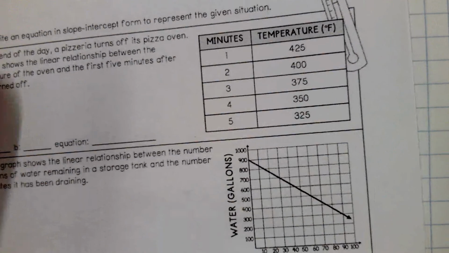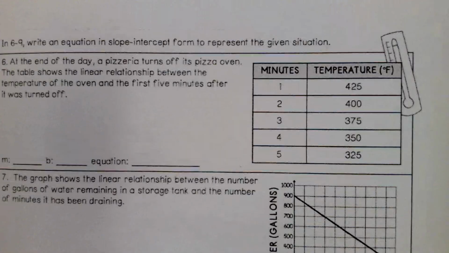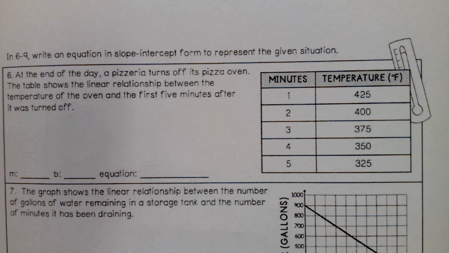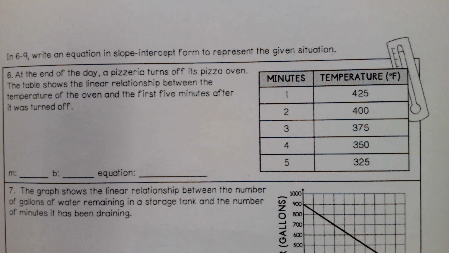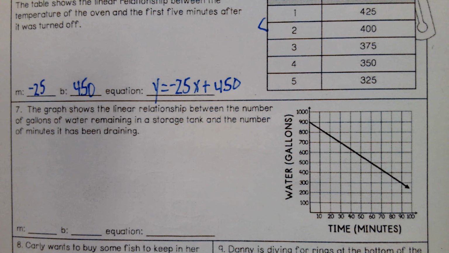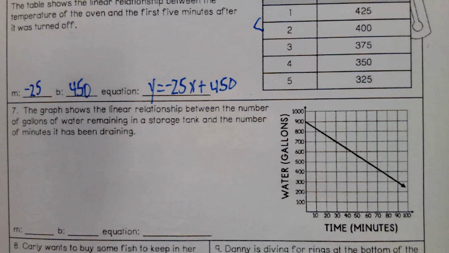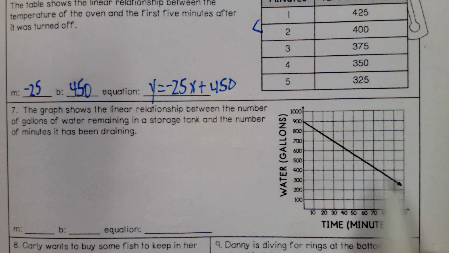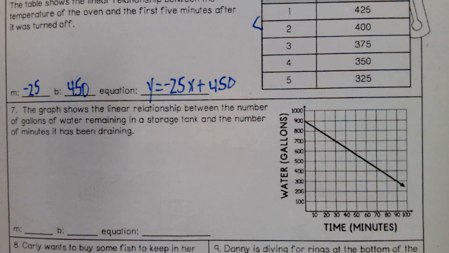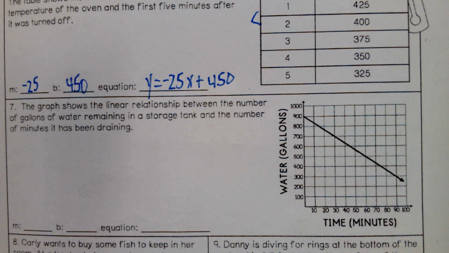So let's try to go quickly. I want you to work with your table partner on number 6. Number 7, we're going to do the same, get the slope, get the y-intercept, and then write the equation. Okay?